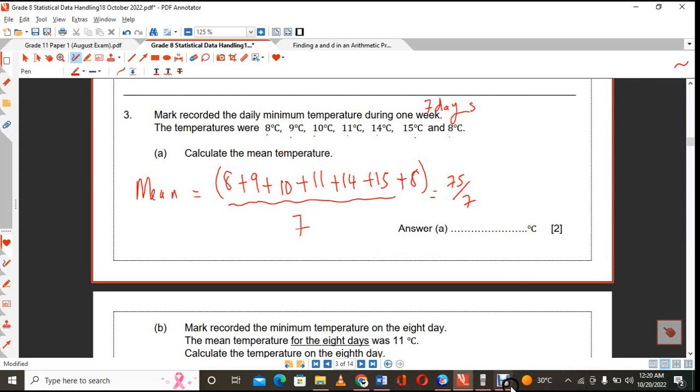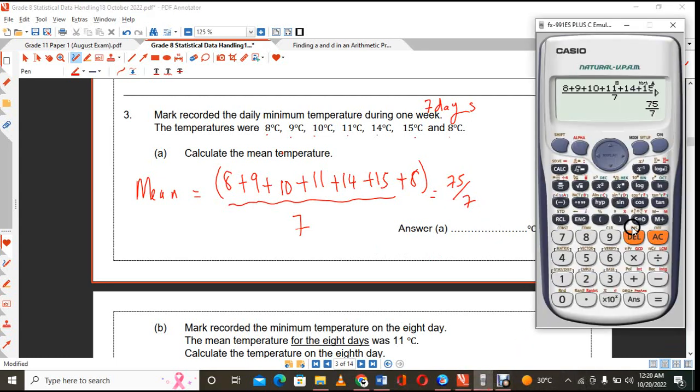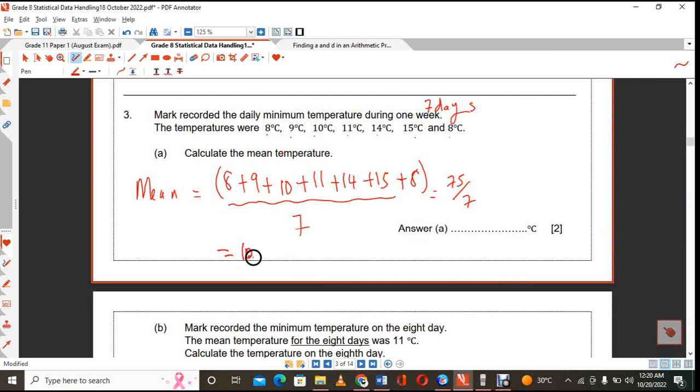All right, and then you can now go ahead and give your answer. Well, the answer is about 10.714. So the answer is 10.714 degrees. So you must give your answer to one decimal place. So I'll accept 10.7 degrees Celsius.